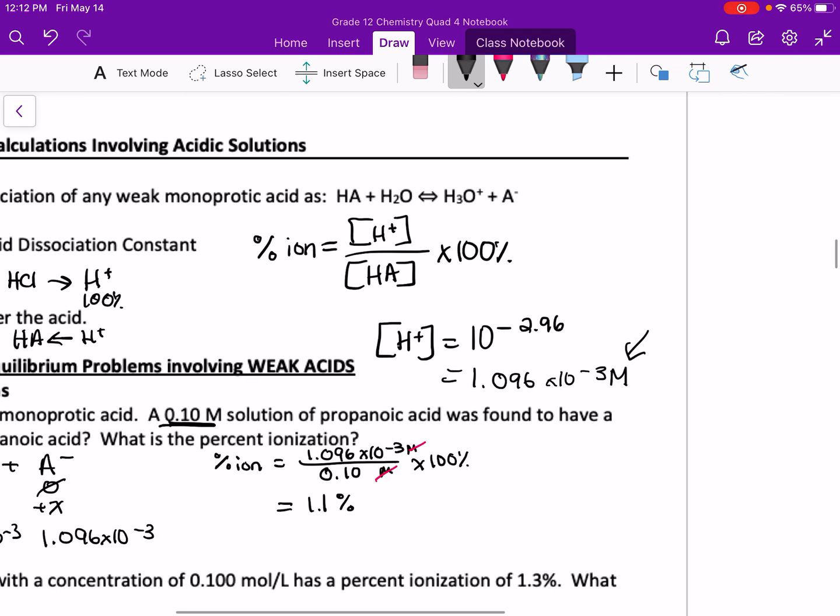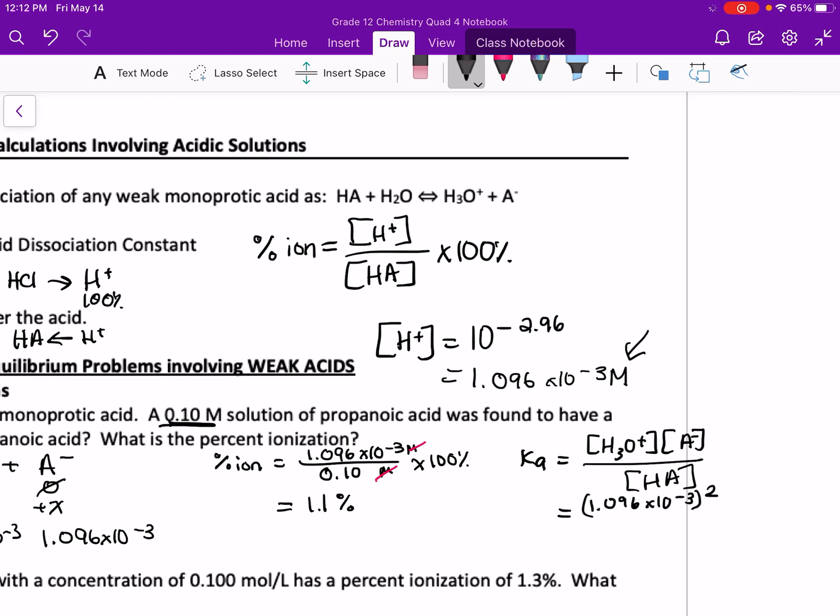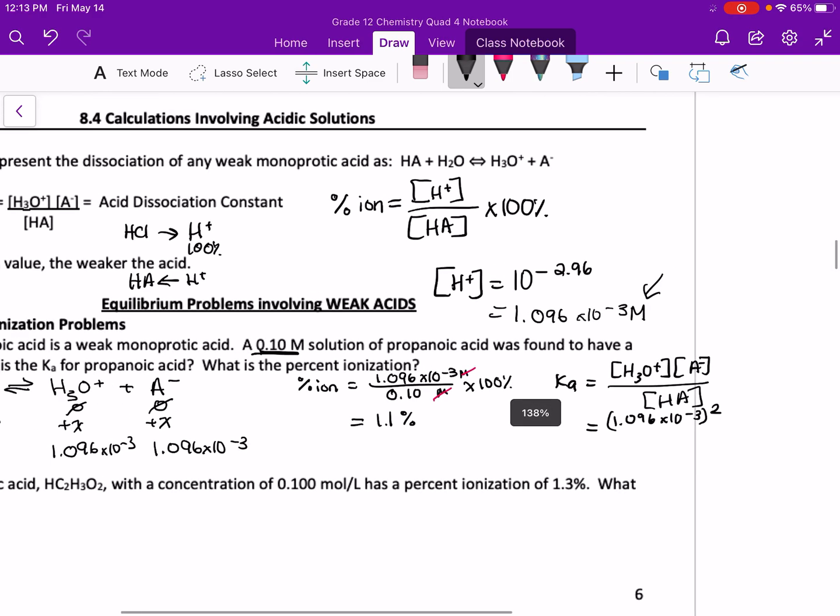All right, for our Ka, we know that we are going to take our hydronium, multiply by our conjugate base, divided by HA. Water does not exist in this equation because it's a pure liquid. I will have 1.096 times 10 to the negative 3 squared, because it's the same for hydronium and my conjugate base.